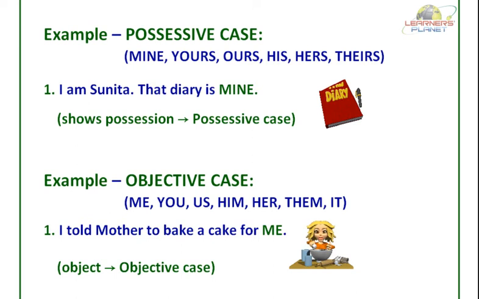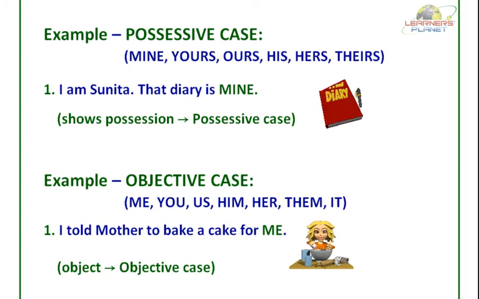We have already learnt to find the object by asking what or whom to the verb. There will always be a preposition before the object that is found on asking the question whom, as whom itself means who to.